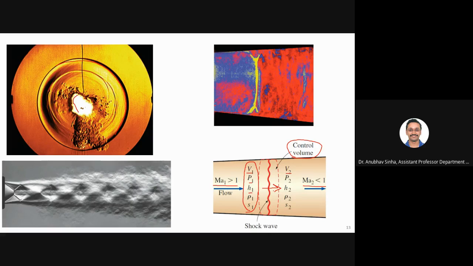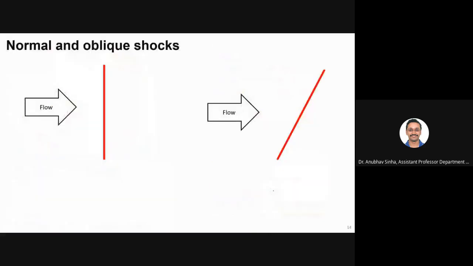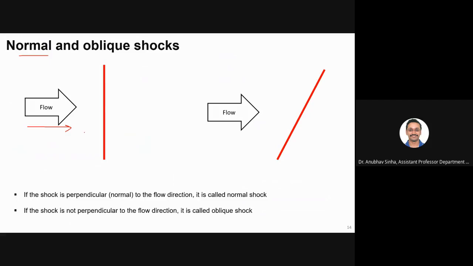Another thing that we will discuss in detail is the difference between normal and oblique shock. When your flow is coming from left to right, if your shock is perpendicular, or normal, to the flow direction, then it is a normal shock.